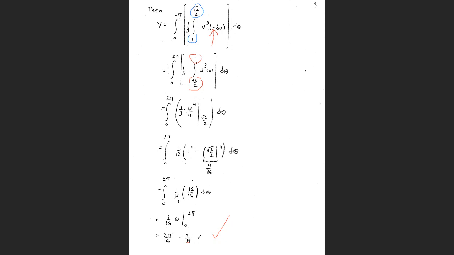So I always think in terms of economics. If that were an ice cream cone, and how much ice cream's in the ice cream cone, and it's, I don't know, pi over 8, I don't know, cubic inches, whatever.